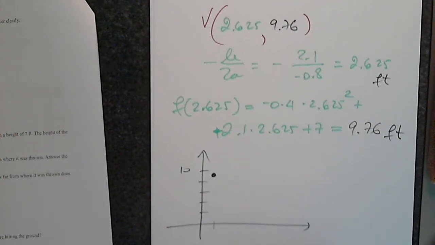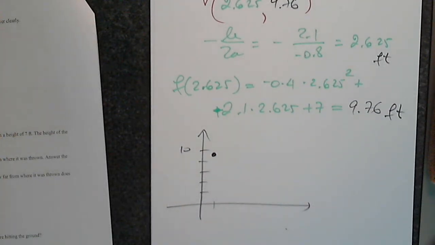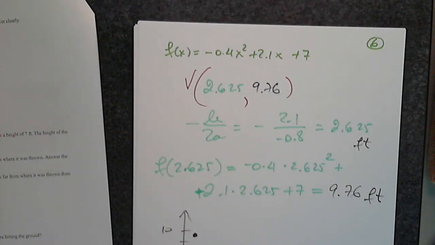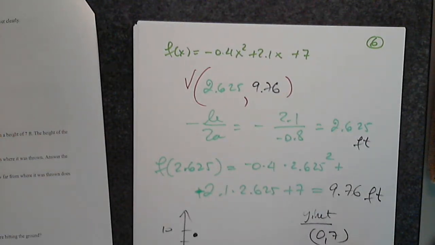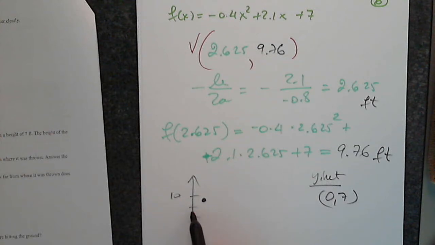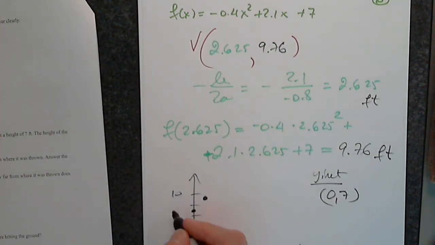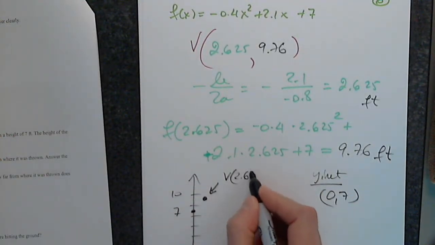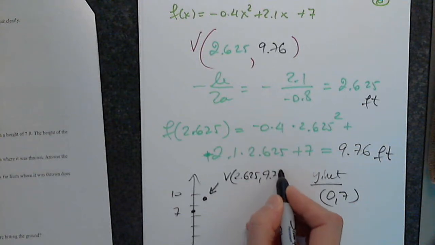How do I determine that? And also, can anyone give us the y-intercept for this function? 0, 7. Very good. So this is 7. And this is the vertex, which is 2.625, 9.76.